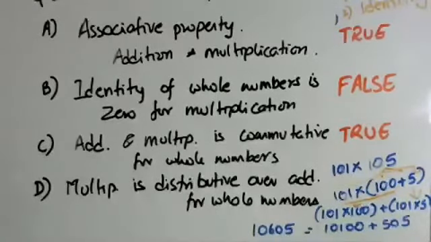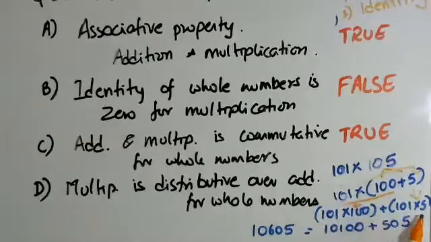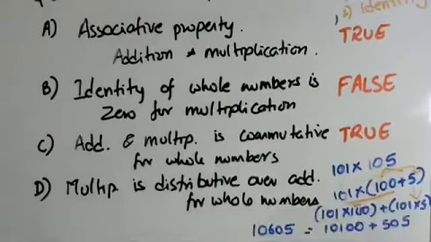Why did I do that? I did that because I can see that multiplying something with 100 and multiplying something with a 5 is easier than multiplying something with 105. Okay, and when I do that, 101 times 100 is easy because I just have to add two zeros at the end. And 101 times 5 is also very easy because 5 times tables are very easy. And so out pops the answer.